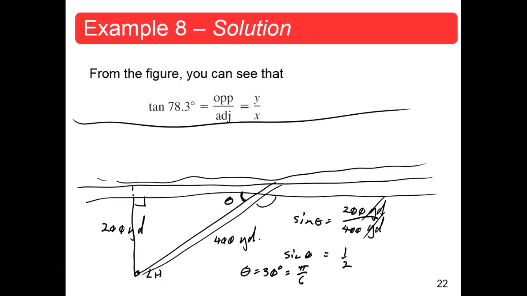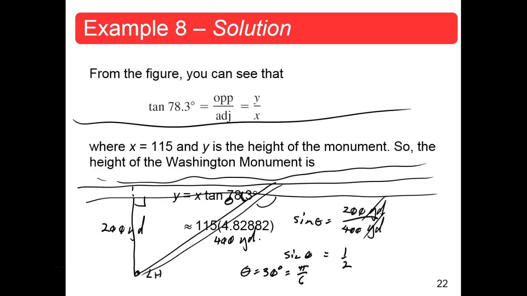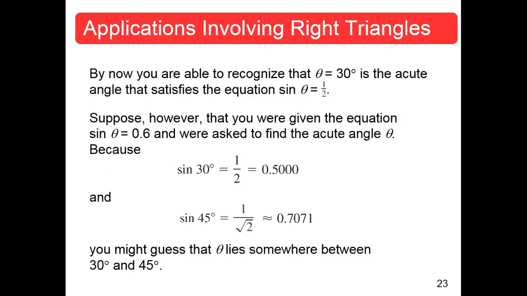Now that leads to what was on the next slide. By now you're able to recognize that the acute angle that satisfies the equation sine theta is equal to 1/2 will work. Or theta equal pi over 6, same thing.